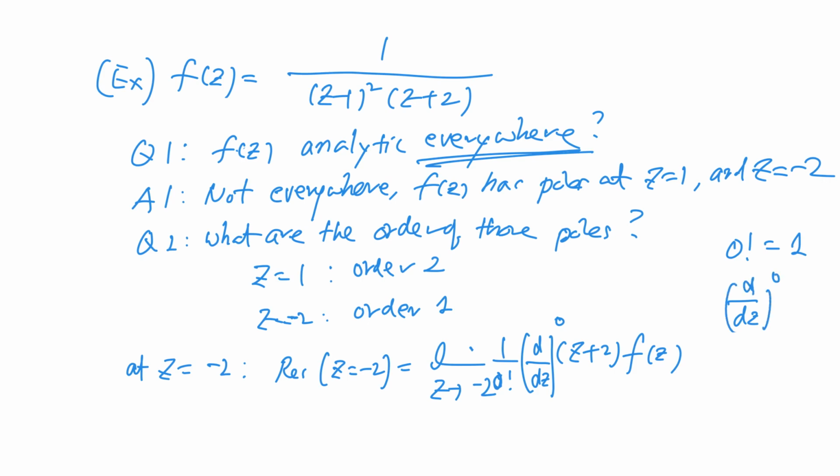The derivative d^0/dz^0 is just, you do nothing, you don't take the derivative. So it's simply z goes to -2, (z minus 1) squared over 1, is 1 over 9, right?